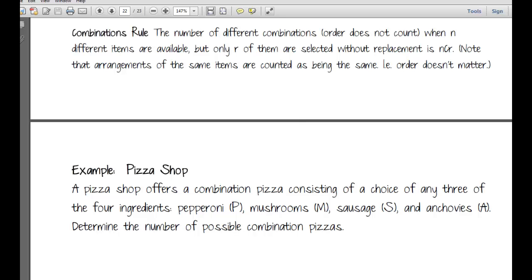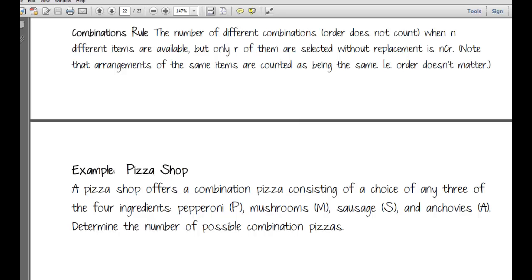So it says the number of different combinations where order does not count, when n different items are available but only r of them are selected without replacement, is nCr. You probably saw that on your calculator already. Note that arrangements of the same items are counted as being the same. In essence, order does not matter.